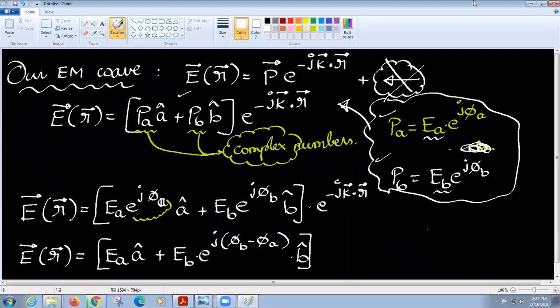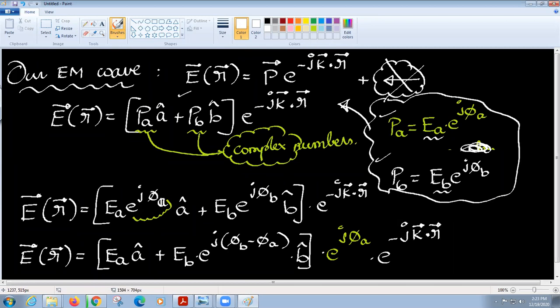So this is B roof, and now I took this already. So now it is e power j phi a and e power negative jk dot r.